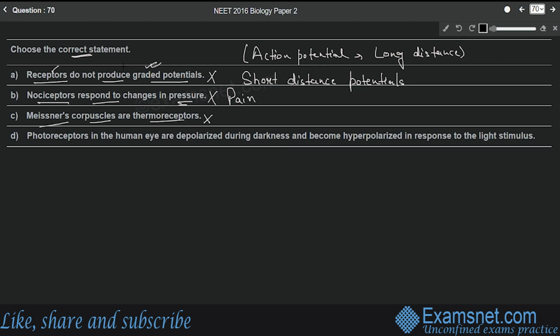These are not thermoreceptors, these are mechanoreceptors, and these are sensitive to fine touch. Then the last statement says photoreceptors in the human eye are depolarized during darkness and become hyperpolarized in response to light stimulus. Yes, this is the correct statement. So option D will be the correct answer.